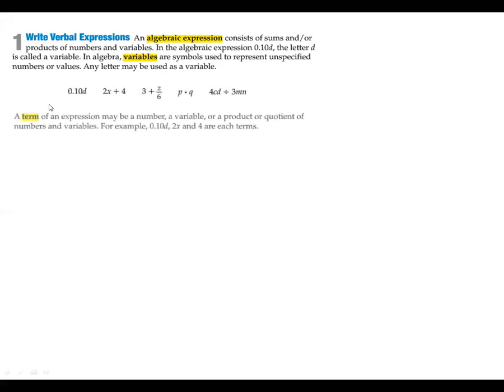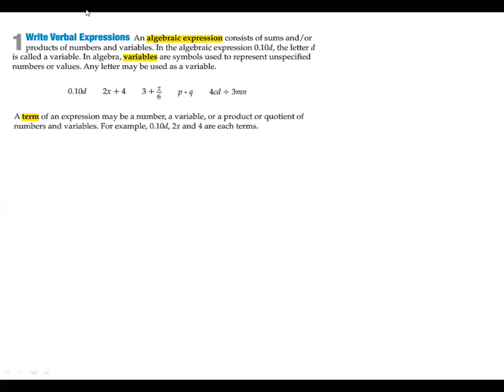these are examples of expressions. You have 10D, 2x plus 4, 3 plus z over 6, p times q, 4cd divided by 3mn. A term of an expression may be a number, a variable, or the product or quotient of numbers and variables. For example, 10D, 2x, and 4 are each terms.